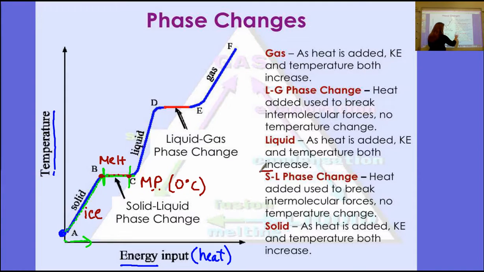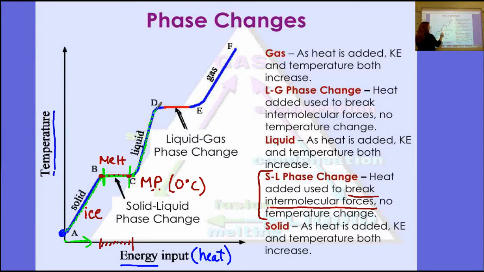When you're changing phases, all of this energy that you're adding is being used to break the intermolecular forces. You have no temperature change until all of those intermolecular forces are broken. Once every last bit of it has melted, now I can increase my temperature again in the liquid phase.